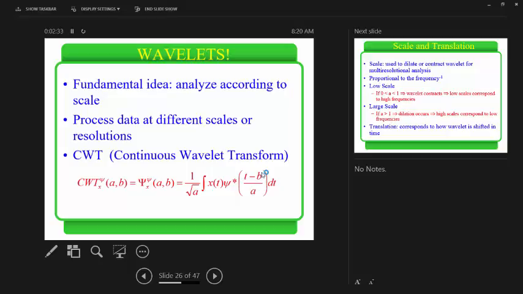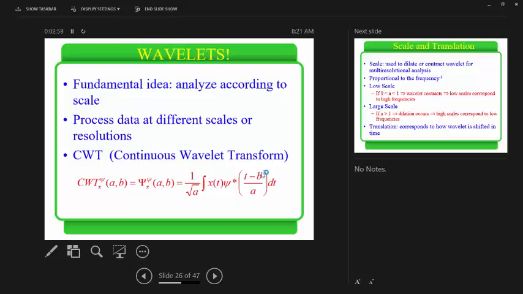Okay? So in the wavelet transform, we'll find that it analyzes according to something that's called scale, or resolution, together with something that's called translation. Here is the formula that we use for the continuous wavelet transform as a function in two things.